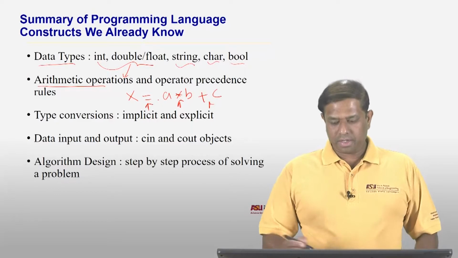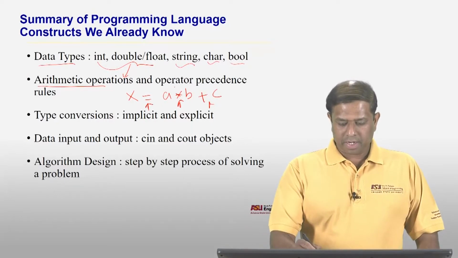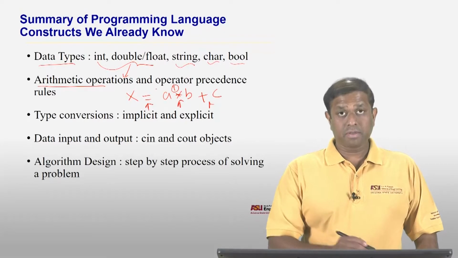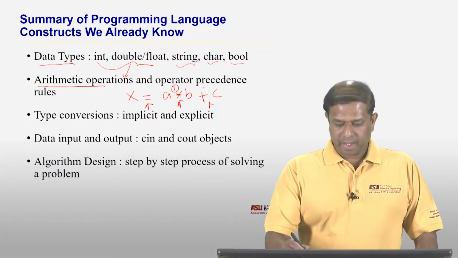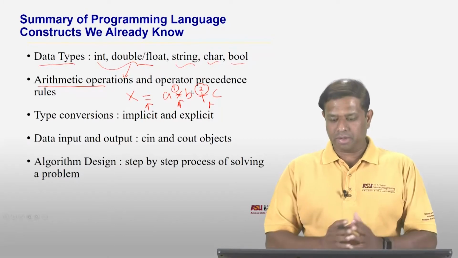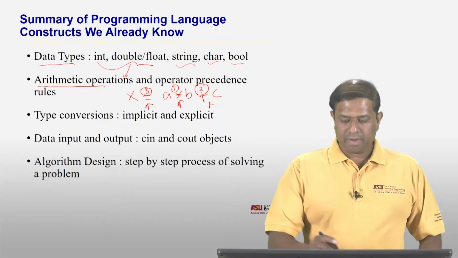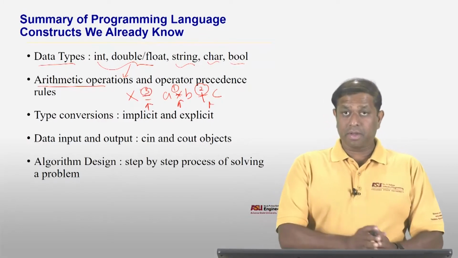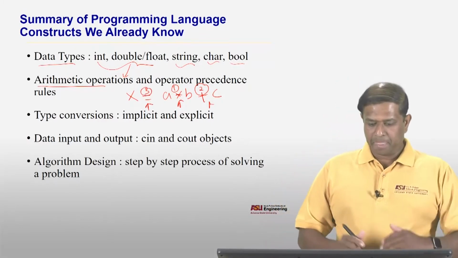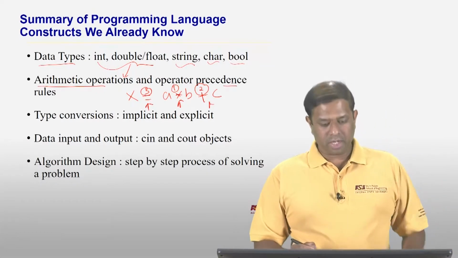According to the operator precedence rules, multiplication has the highest precedence, so it will be executed first, and then addition will be executed second with the result of the first operation, and then finally we are going to assign the value from the right hand side to the left hand side variable x, right? This is what we discussed related to operator precedence rules.